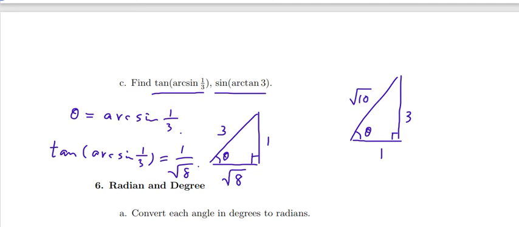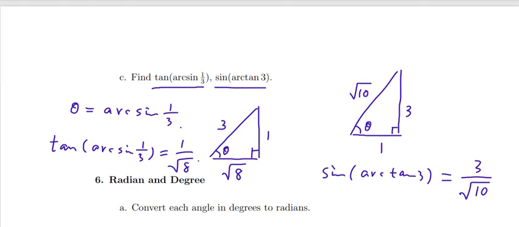So this angle's sine, sine of arctangent 3, is easy, right? This equals 3 over radical 10.